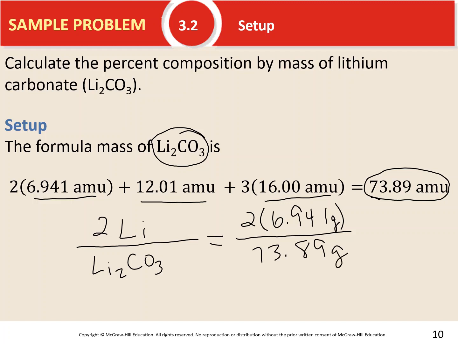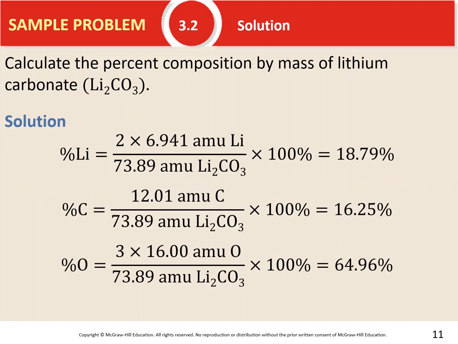That's going to give us some number, and we're going to multiply this by 100% and get our percent lithium by mass, no longer by number of things. So here you can see the percent lithium is 2 times its atomic mass divided by the total mass, and we're going to get 18.79.